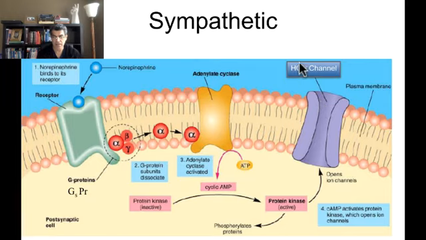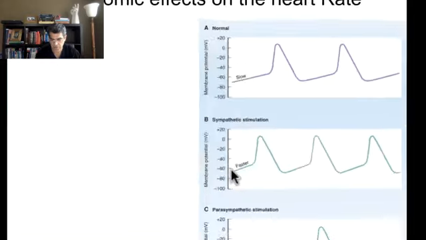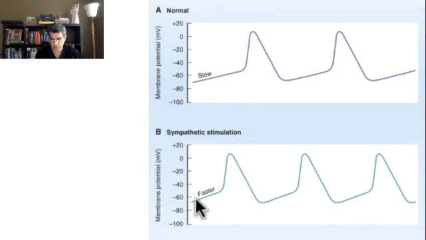This channel is called the HCN channel. That's why we call it CN, because cyclic AMP is a cyclic nucleotide that is responsible for opening the channel. As a result, sodium is going to come inside the cell. So sympathetic is going to increase your heart rate by making sure HCN opens faster and longer. So phase 4 is going to be shorter because you open the HCN channel faster.